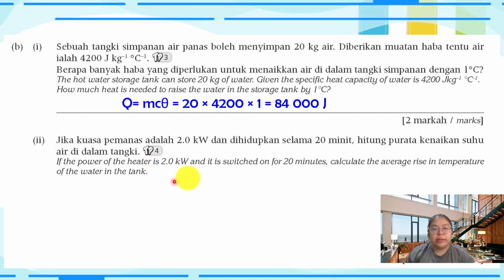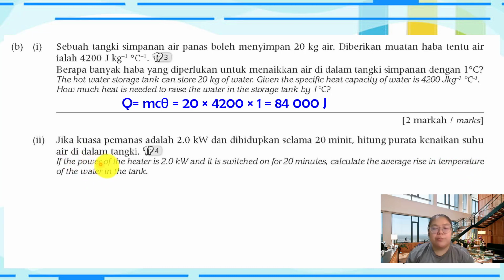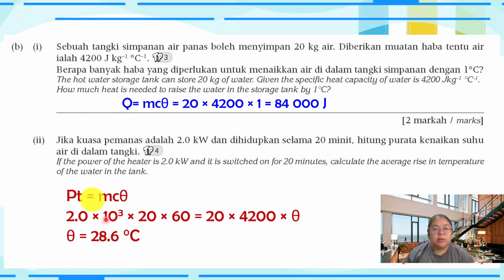Now the heater provides 2 kilowatts of power, switched on for 20 minutes. Calculate the average rise in temperature. When the question uses power, we need another formula: Pt equals mcΔθ. Q is heat energy, and Pt is another way to find the heat energy. P is 2 kilowatts, so multiply by 10 to the power 3.